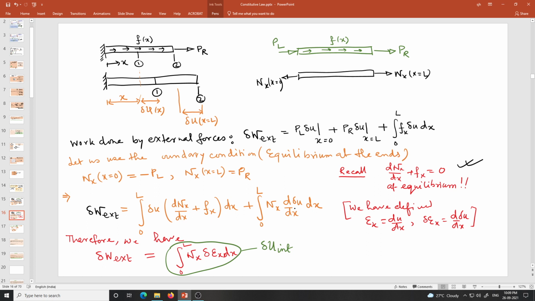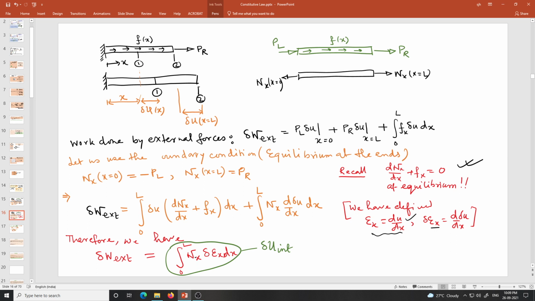And the definition of epsilon x, the direct strain, that is du/dx, you all know, I believe. The small change due to the virtual displacements, the small change in the strain, that is the virtual strain, is like that. We see that on the right hand side we are getting Nx times the change in the strain.